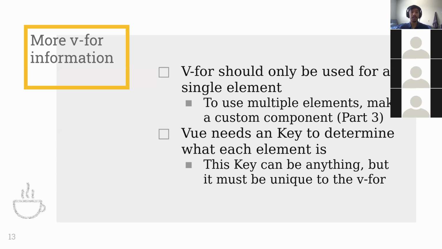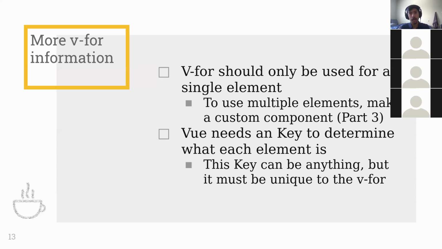What this means, and why we do this, is because when Vue is redrawing the list items in the web page, it'll try to match the keys of the new elements with the keys of the old elements. What it can then do is say, okay, these elements are the same, so the only thing I have to do is make these changes, like remove one here, add one here.